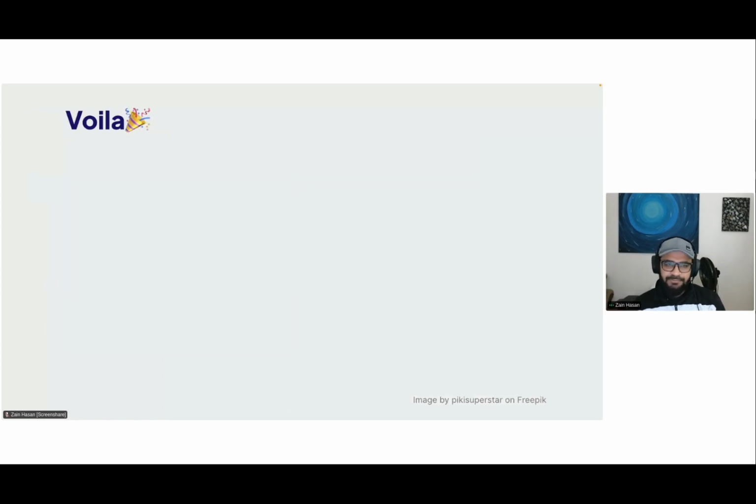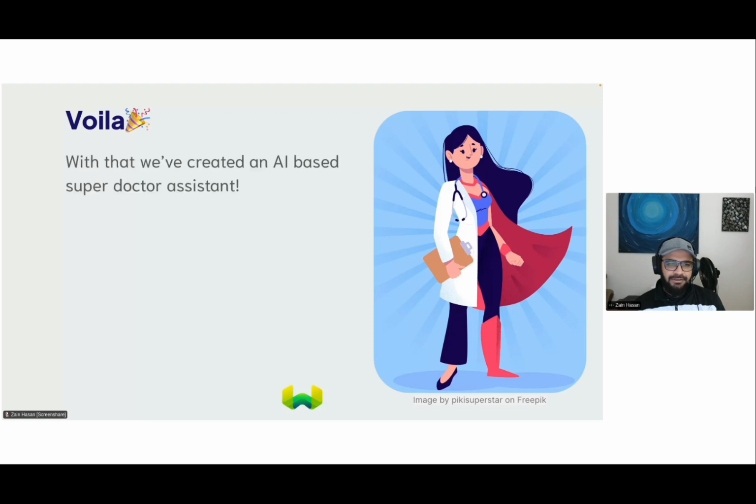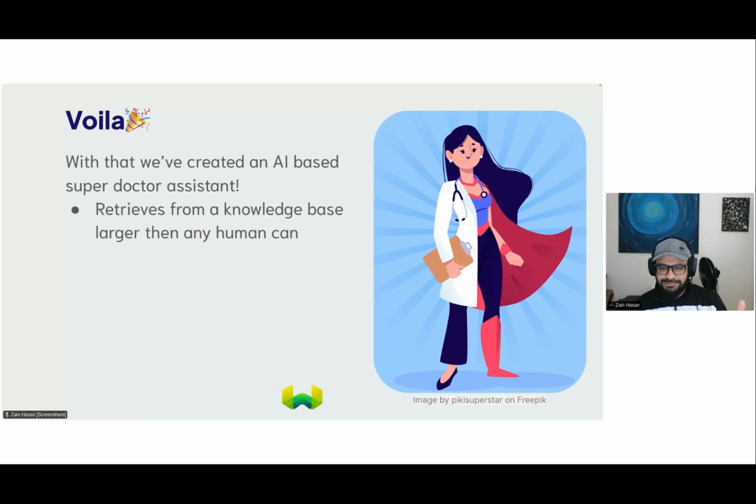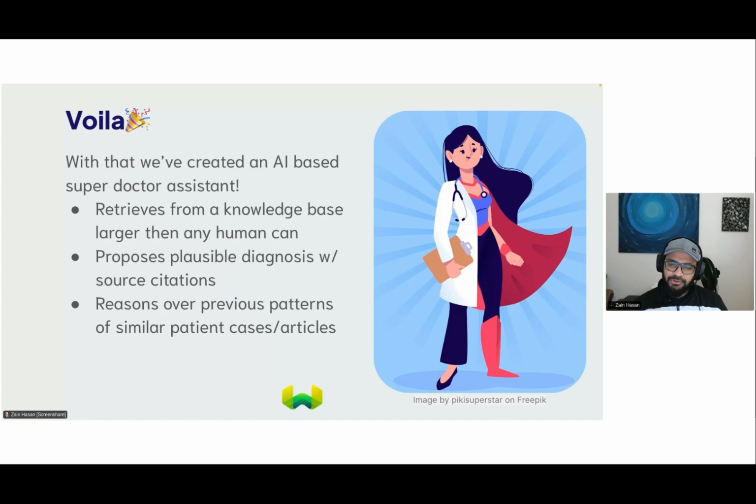Okay, and that's pretty much the end of it. We've covered how you can build this AI-based chatbot that can retrieve from a knowledge base that's larger than any human's knowledge base. It can provide sources of how and why it came up with a particular diagnosis, can reason over patterns of historical patient information and medical literature, and it does this in real time, right?